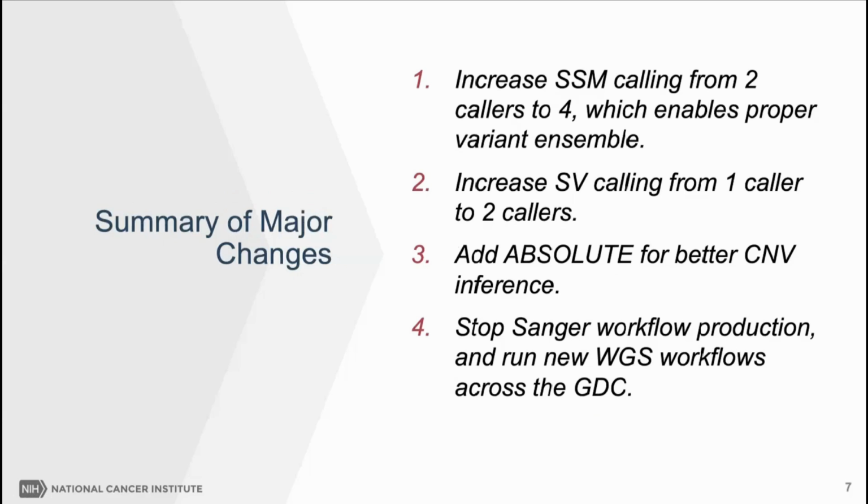This also increases the structural variant calling from one to two. We're adding ABSOLUTE for better CNV inference. And the Sanger workflow production, just to give you a bit more information on the logistics, is going to be stopped, and the new whole genome sequencing workflows will start across the GDC.